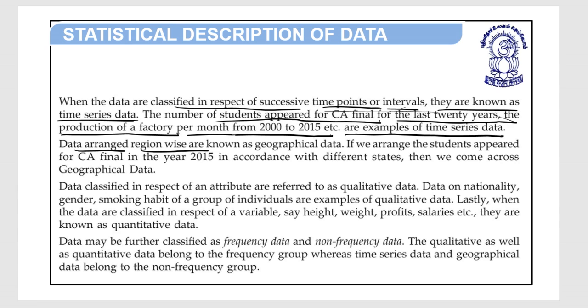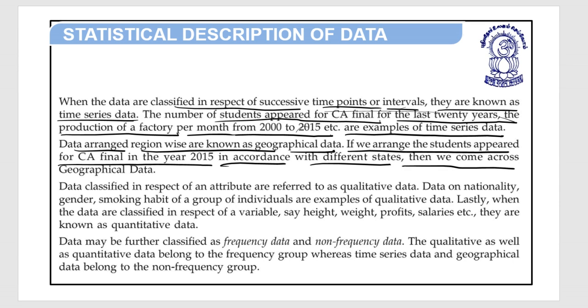Data arranged region wise are known as geographical data. The name suggests that the data are arranged region wise. If we arrange the students appeared for CA final in the year 2015 in accordance with different states, then we come across the geographical data.